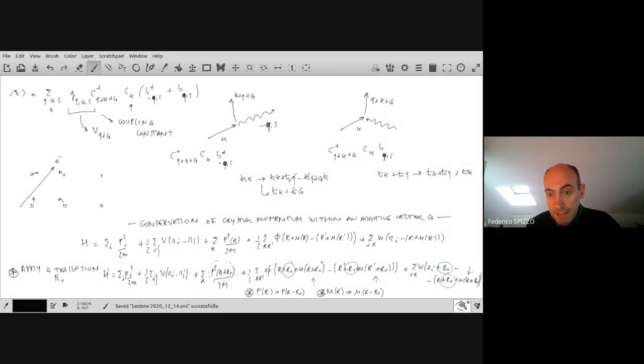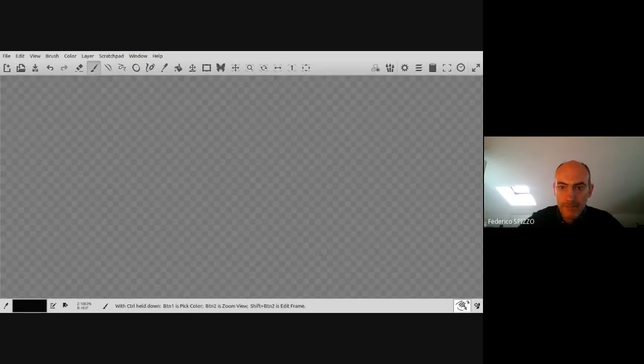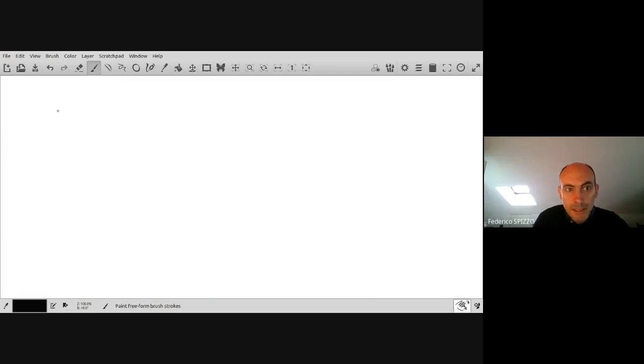And the fact that the crystal momentum is not conserved strictly, but is conserved within an additive vector G, is related to this fact.